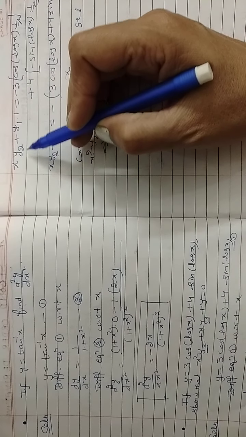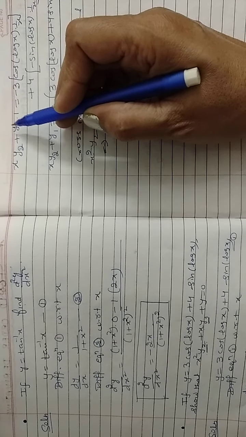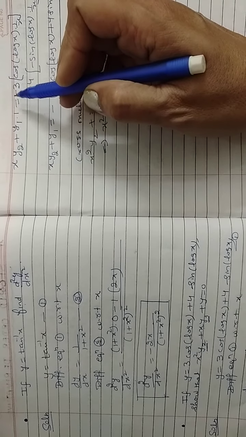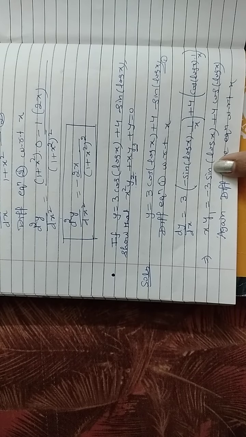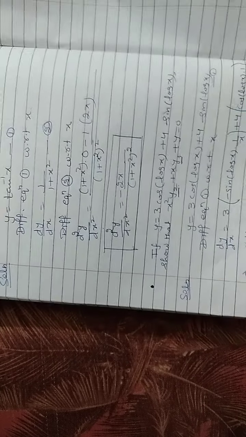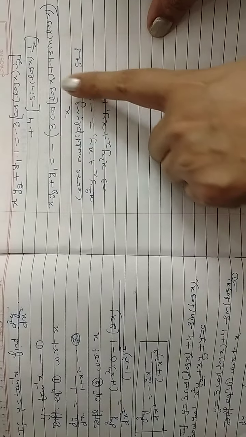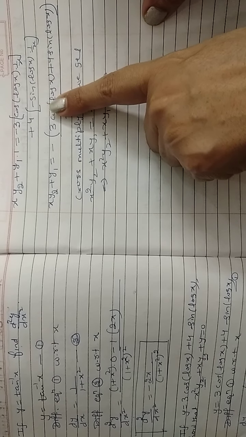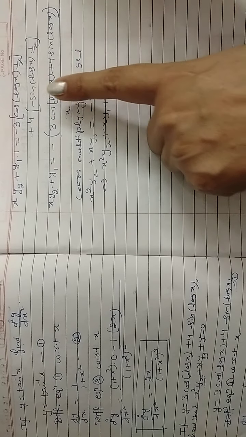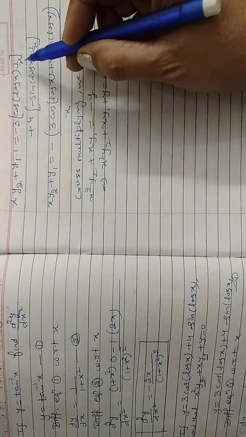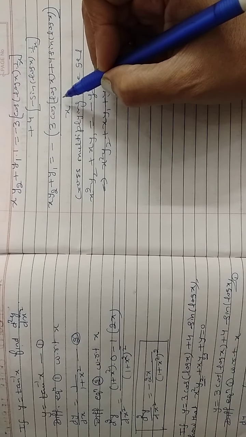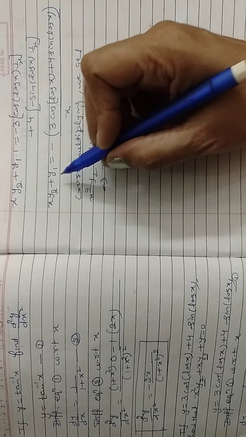And minus 3 derivative of sine is cos log x times 1 by x, plus 4 derivative of cos log x is minus sine log x times 1 by x. Now again x is common in the denominator, so you will cross multiply this.